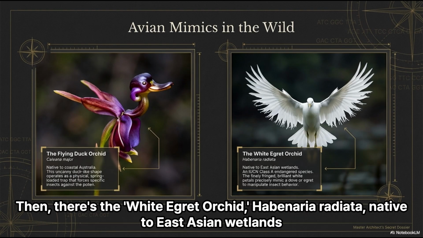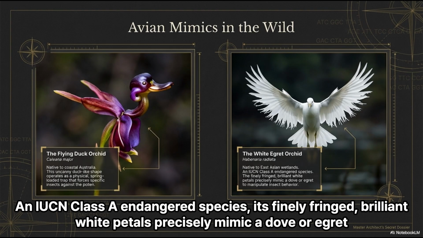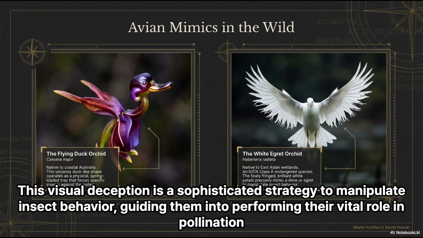Then, there's the white egret orchid, Habenaria radiata, native to East Asian wetlands. An IUCN Class A endangered species, its finely fringed, brilliant white petals precisely mimic a dove or egret. This visual deception is a sophisticated strategy to manipulate insect behavior, guiding them into performing their vital role in pollination.